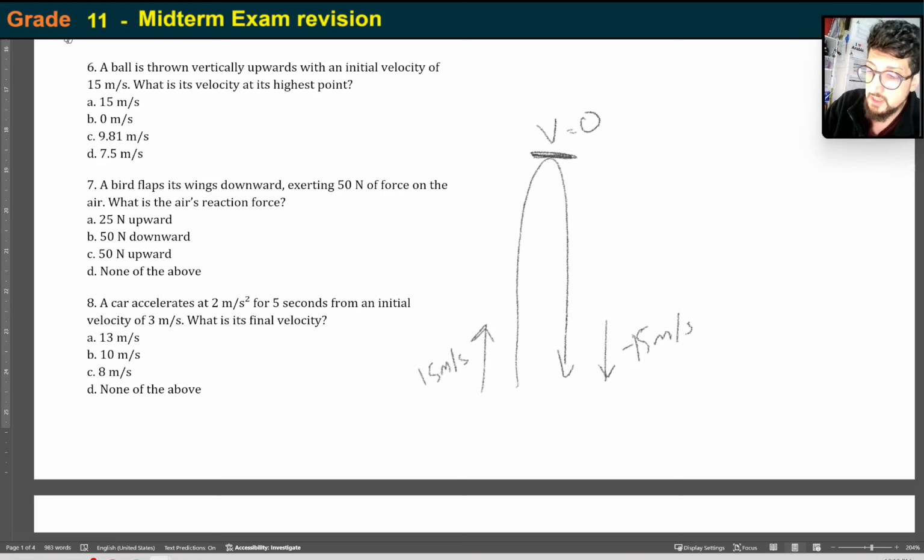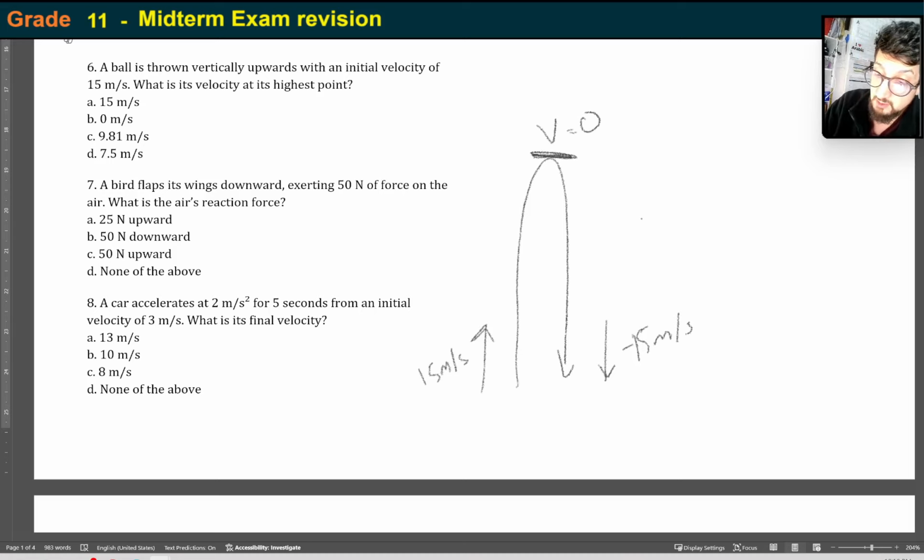9.81. So the acceleration on top is going to be 9.81 down. Acceleration over here is going to be 9.81 down. Acceleration over here is going to be 9.81 down, or negative 9.81 if you prefer. The acceleration doesn't change. The acceleration relies on gravitational pull from the Earth, which we call the gravitational field.